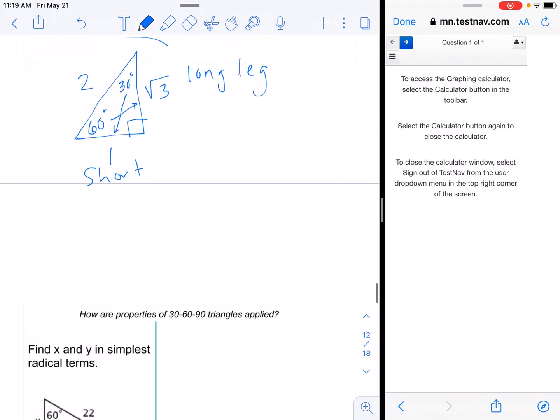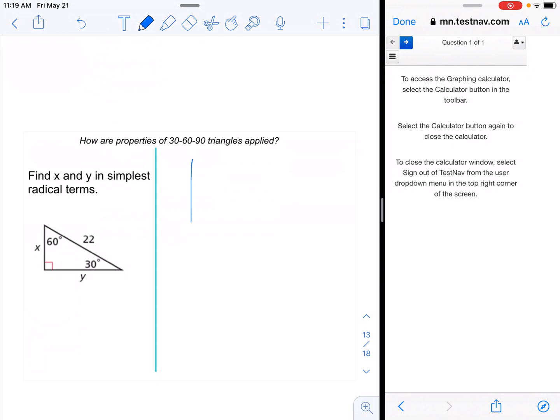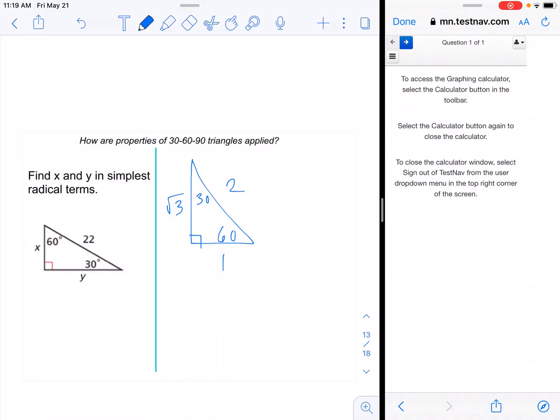But what I would do is write this one down, and we're going to set up a proportion. So I'm going to make a triangle. That's 30, 60, 90. The side across from 30 is 1. The hypotenuse is 2. And the side across from 60 is square root of 3. Oopsie. Due to angle-angle similarity, these triangles are similar.